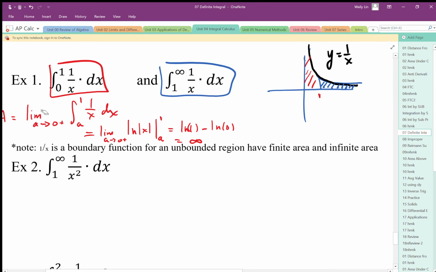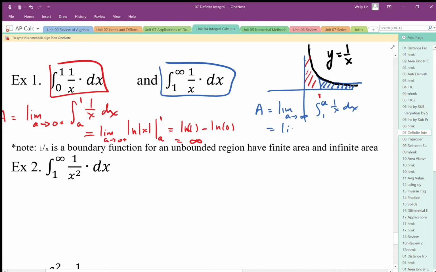Essentially, we just use a limit so that we can actually get to that 0. And then same thing on the other side there. If I'm going to calculate that blue area, it is going to be the limit as a goes to infinity of the integral from 1 to a of 1 over x dx.